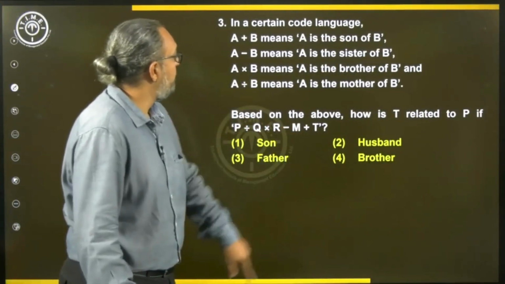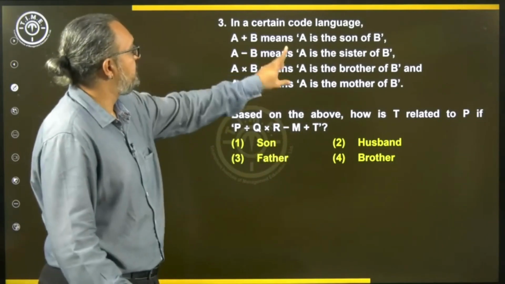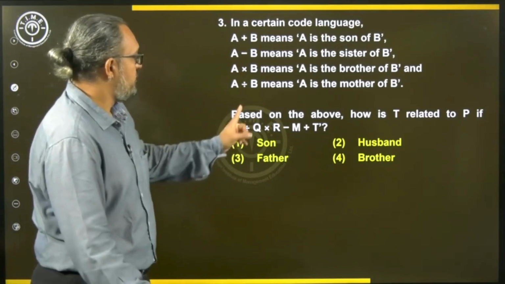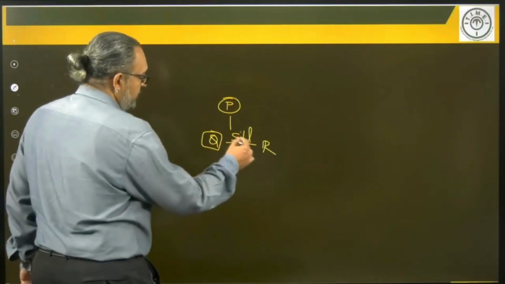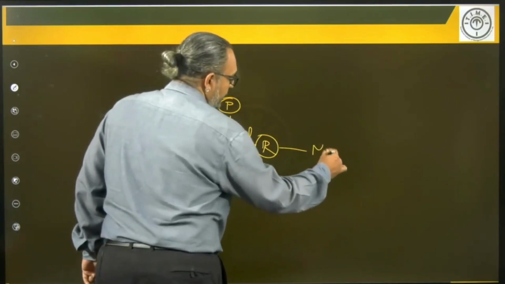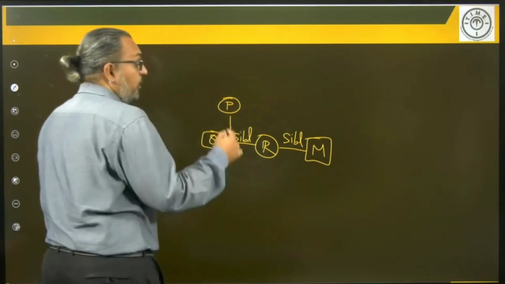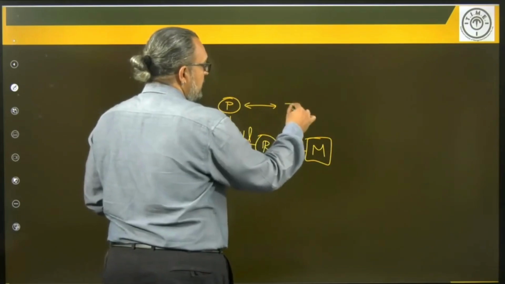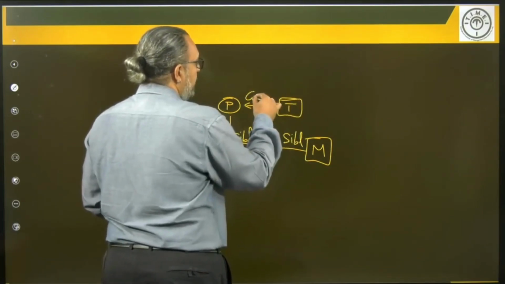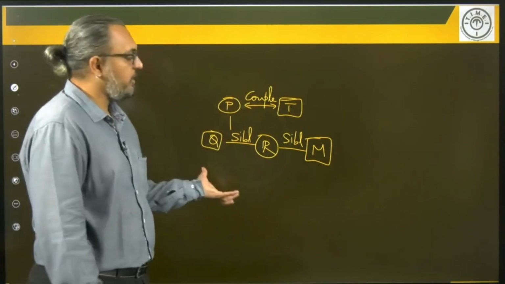R minus M plus T. R minus is R is the sister of M, M plus T is M is the son of T. So R is a sister to M and M is a son of T. Now M is already a son to P, and M is also a son to T. So T will be the husband of P. So that's how we get this relation.